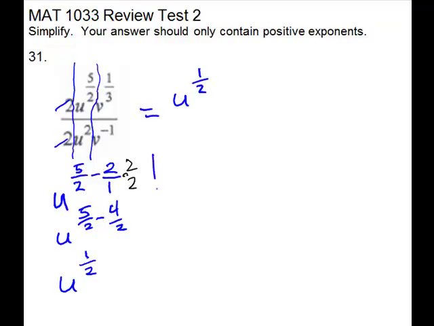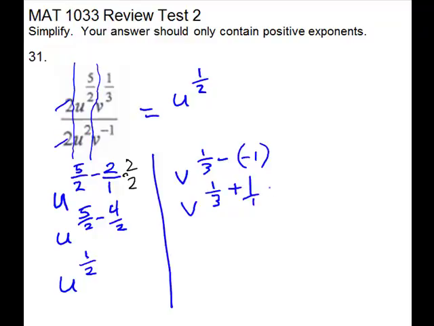Then I'm going to work on my v's. So I'm going to subtract top to bottom. So I have v to the 1/3 minus a negative 1. Minus a negative will make plus. And we'll make that 1 over 1. We need a common denominator. Looks like a 3 will work. So this one needs a 3 on the numerator and denominator.